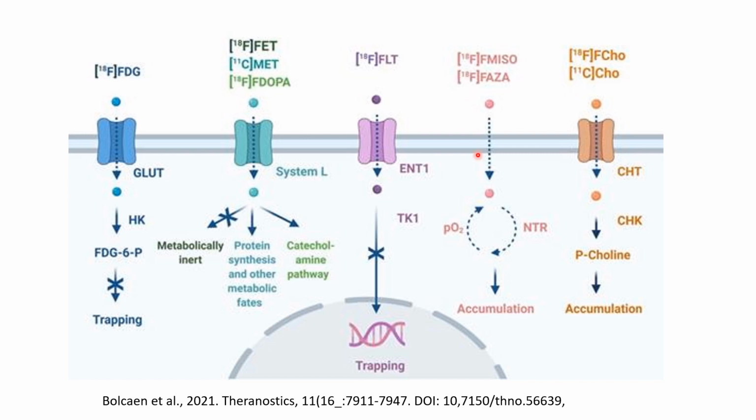These are the hypoxia agents, FMISO and FAZA. I think FAZA is the newer hypoxia imaging agent. And then, of course, choline, that's also used for the building of membranes, and then also in higher accumulation in these tumors that have a high amount of new cell formation.